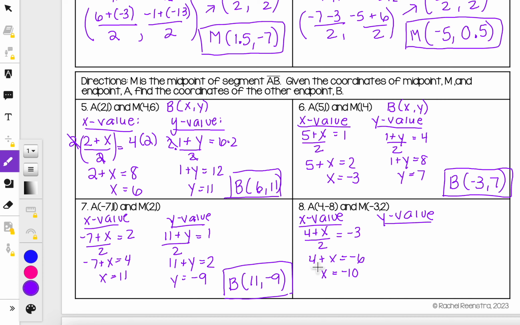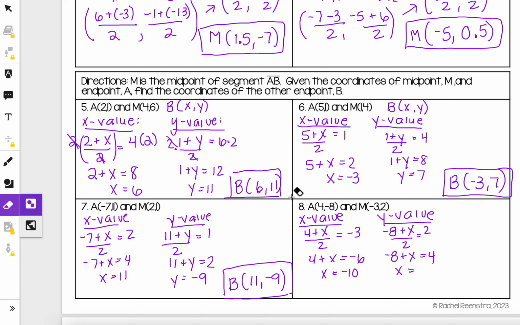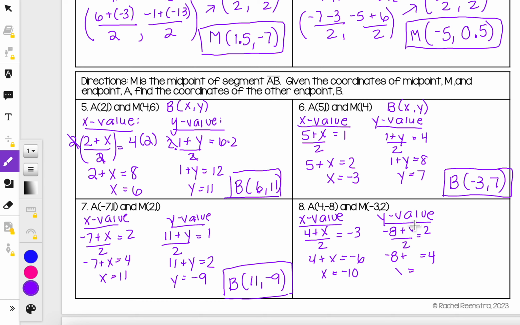Always use that calculator if you're struggling with adding, subtracting, and dealing with negative numbers. And then for our y value, we have -8 plus y over 2 is going to equal 2. So -8 plus y equals 4. Oops, I said this is x, and I should really be writing this as y. We get y equals 12. So coordinate B is going to be -10, 12.